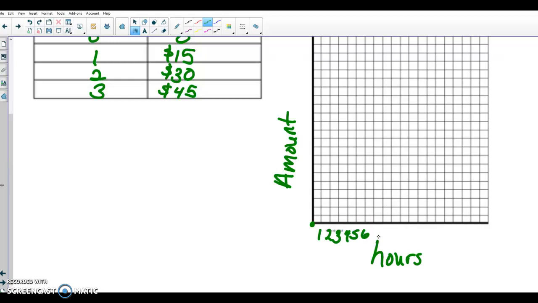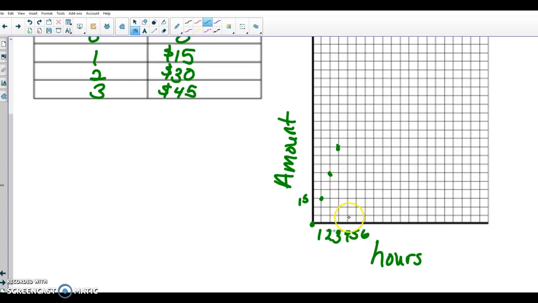And then I'm going to count my amount by fives. So 1 hour, I get $5, $10, $15. And then 2 hours, I get 5, 10, 15, 20, 25, 30. And 3 hours, I get 45. So 5, 10, 15, 20, 25, 30, 35, 40, 45.